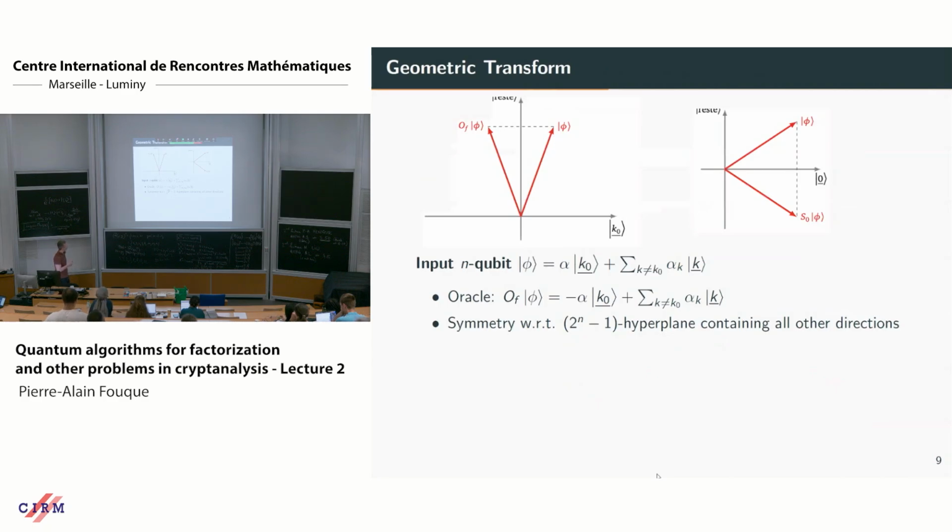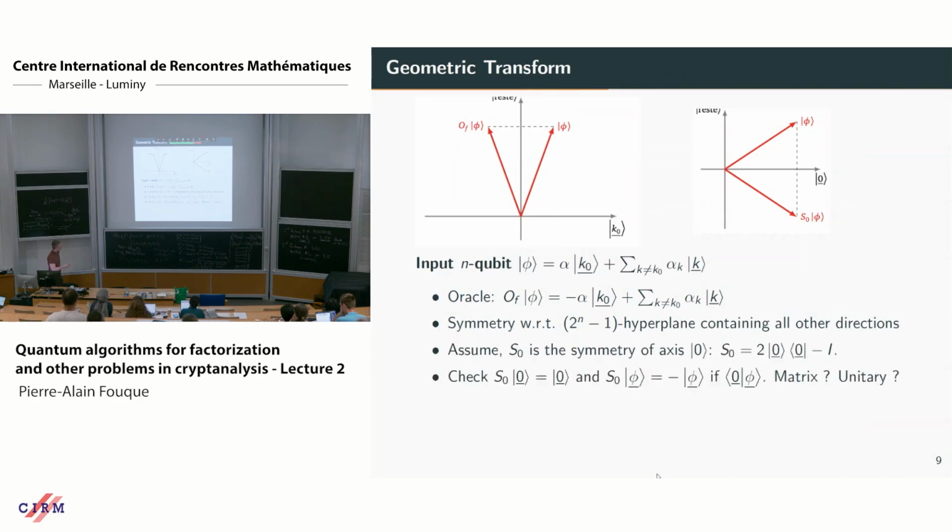Okay, so in order to perform this symmetry, we have to look at what is the unitary matrix representing a symmetry. One easy case is, for instance, if you want to do some symmetry according to the k0 here, the direction here. The symmetry can be written like this. It's not too complicated to write this. The matrix of the symmetry by S0 is a very simple matrix.